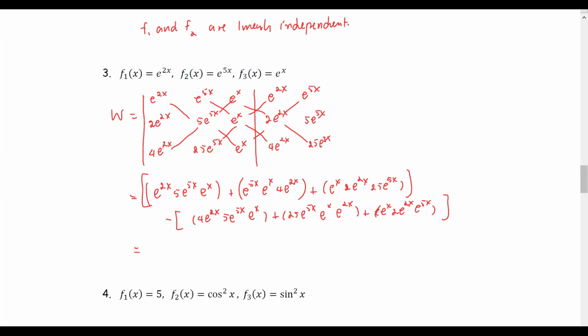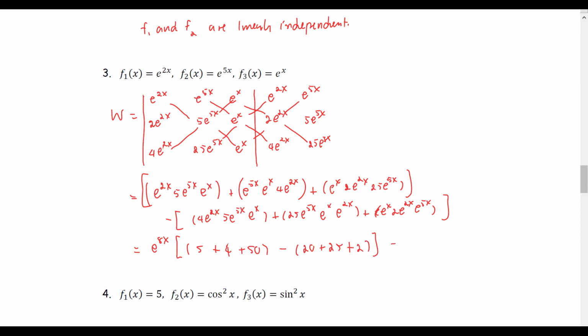As we see, the common factor of each term is e to the 8x. In the first group, we have 5 plus 4 plus 50, minus the second group, we get 20 plus 25 plus 2.